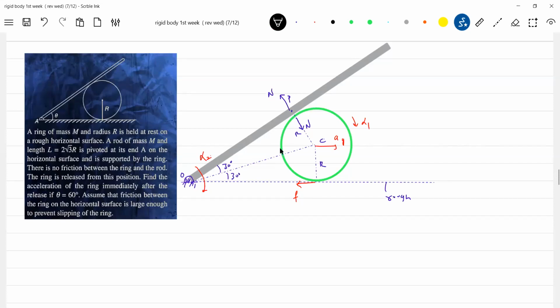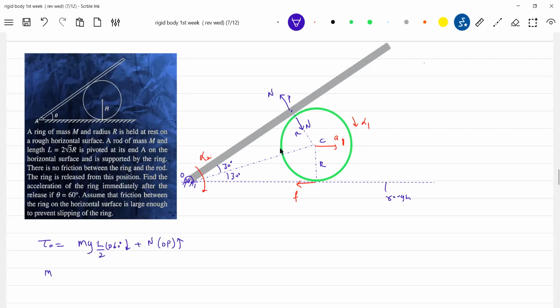Okay, let's find alpha 2. We'll calculate the torque acting on the rod. Torque due to mg should be equal to length of the rod L by 2 cos 60. This should be clockwise. Then the normal contact N. We don't know that distance, no?